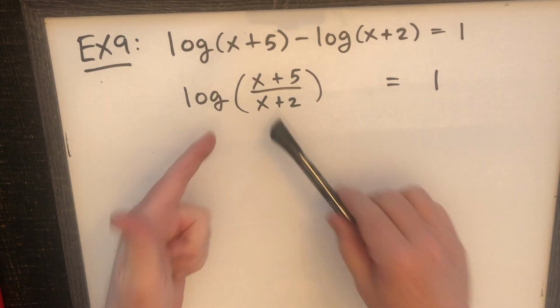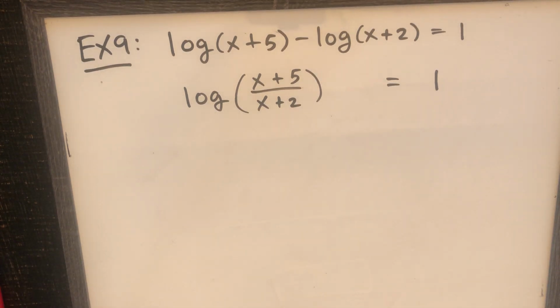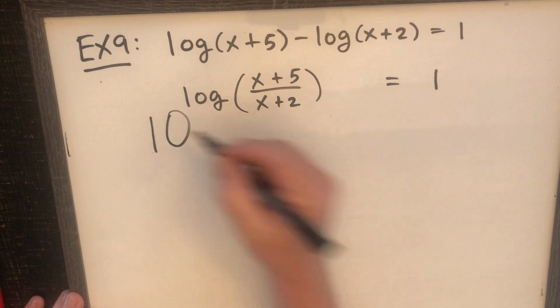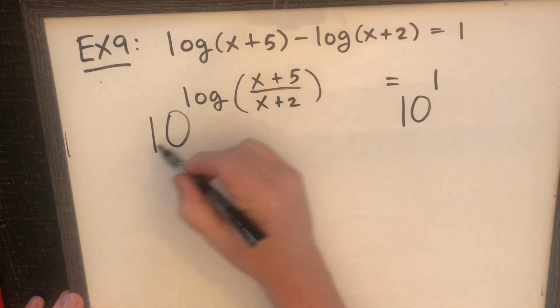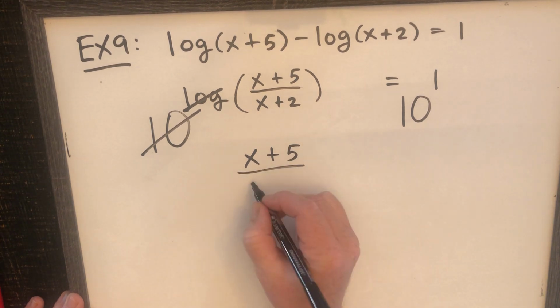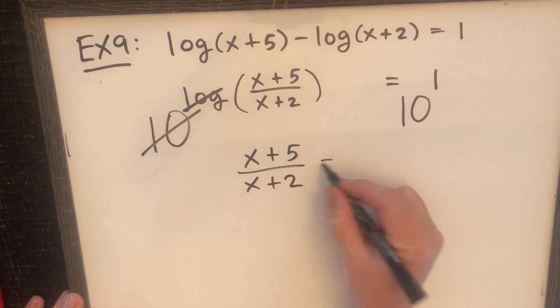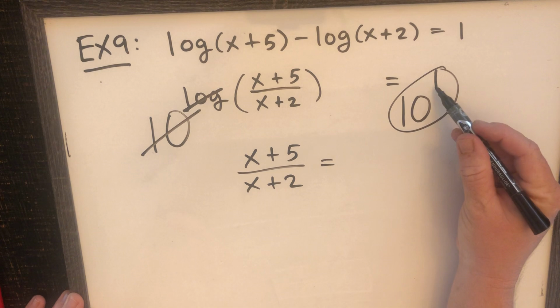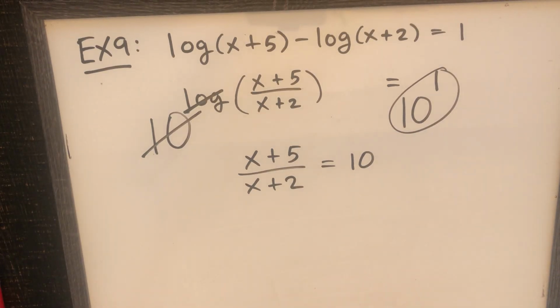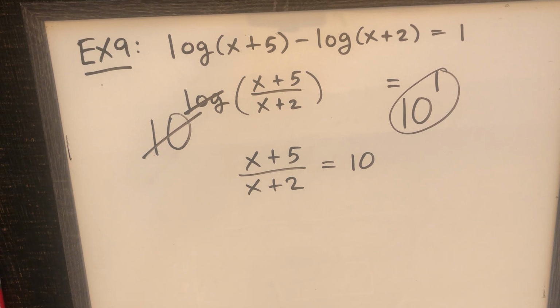We got another base 10 problem here. It's base 10, so we can raise both sides. Base 10, base 10. We get x plus 5 over x plus 2 equals, now be careful here, this is 10 to the 1, so that's 10. It's not 0, it's not 1, they don't cancel out, it just becomes 10, 10 to the first power.